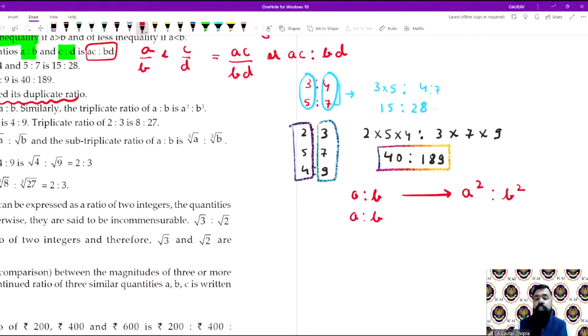So whenever duplicate is there, just a simple square is to be done. Let's say if 2:3 is the ratio and we have to find the duplicate ratio, then it will be 2 square ratio 3 square, 4:9. 4:9 will be the final ratio.